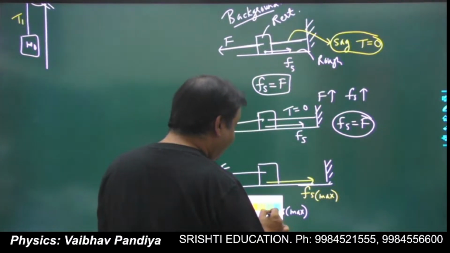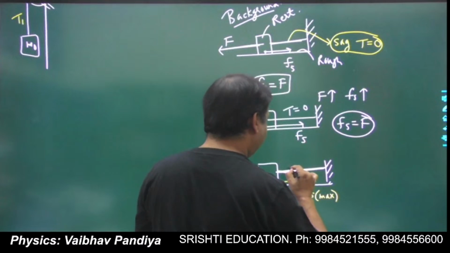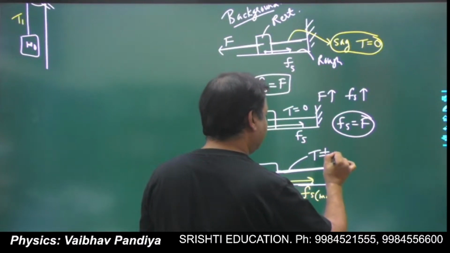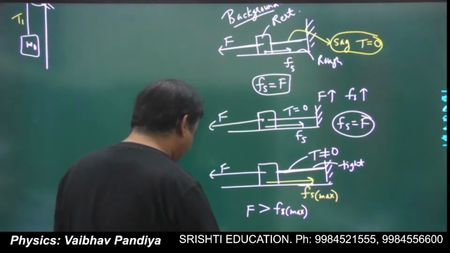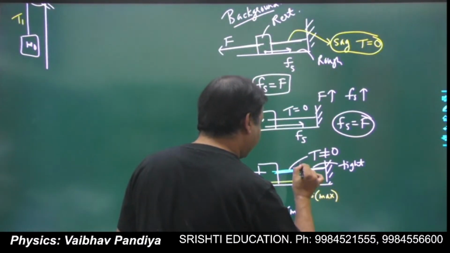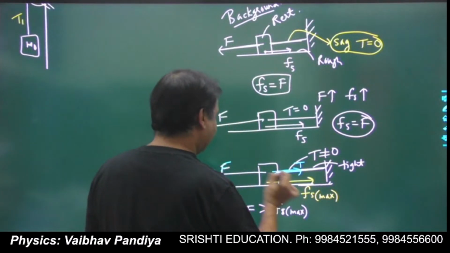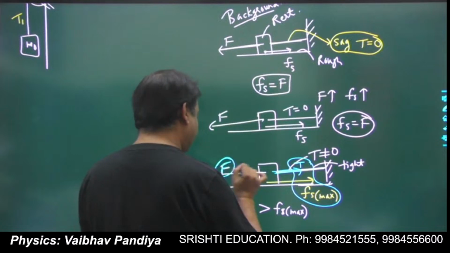Now what will happen? This string will have T. Now T will be non-zero. It will become tight. Now along with Fs max, T will also start acting on this string towards the right side, and T along with Fs max will be balancing F to keep the block at rest.